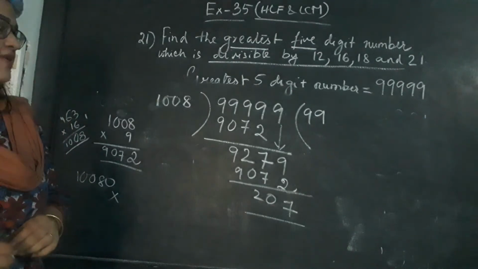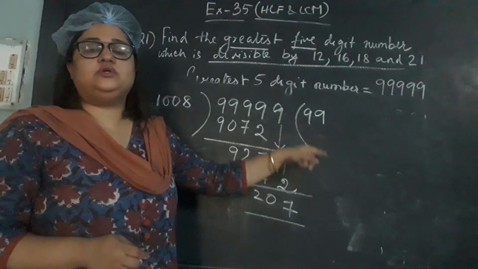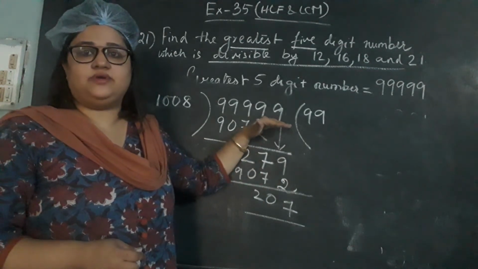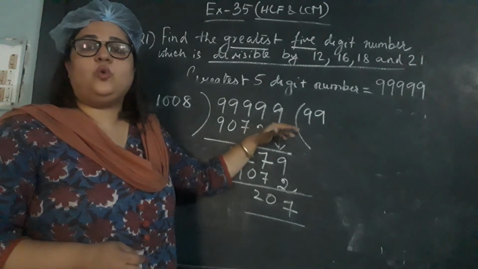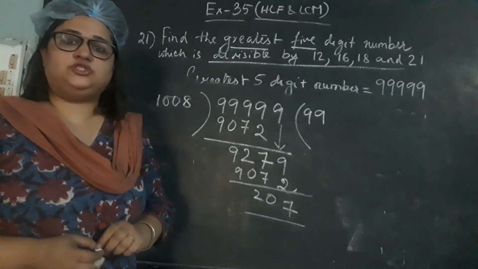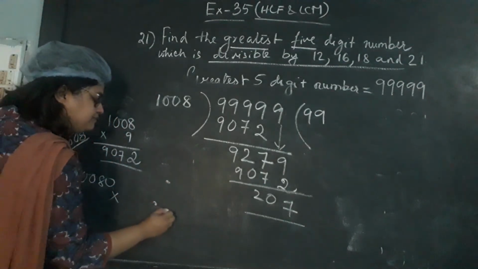So the step is very simple. If you even add 1, you go to the 6-digit number because it is the greatest 5-digit number given. If you only subtract, you can go to a 5-digit number. So very simple.